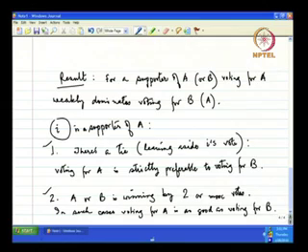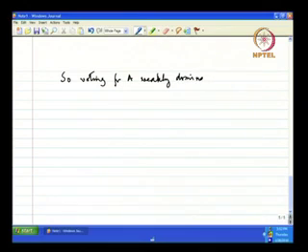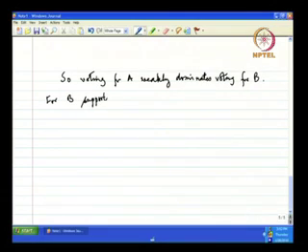And if that is the case, then we find definitely that voting for A weakly dominates voting for B. So, that is one result that we have, and this is for the supporter of A. For B supporters, voting for B will be such that it weakly dominates voting for A. So, that is that.